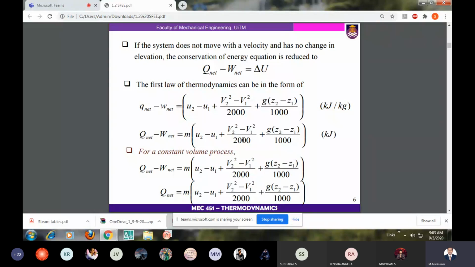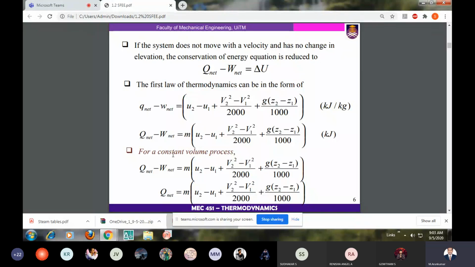So there is no work done, so we can neglect this W. Then we can rewrite the equation: Q net is equal to m into [(U2 minus U1) plus (V2 squared minus V1 squared) by 2000 plus g into (Z2 minus Z1) by 1000].